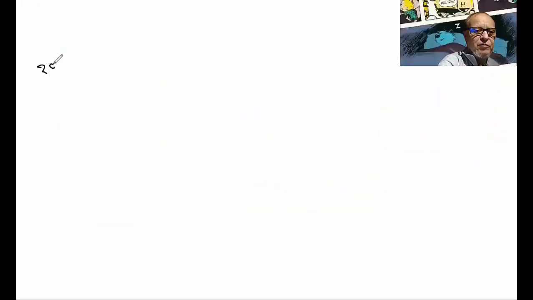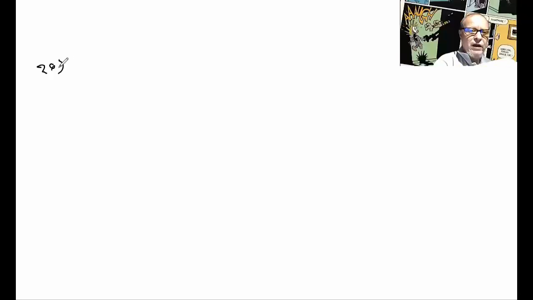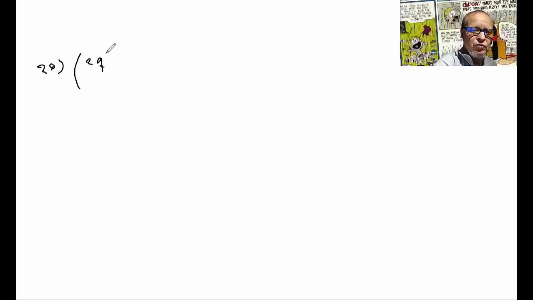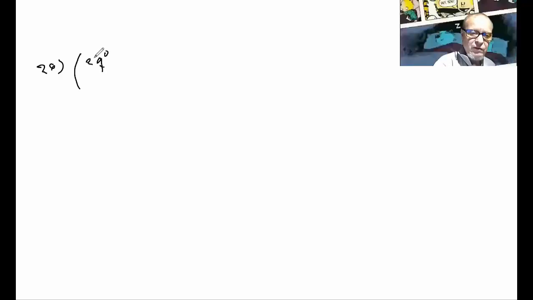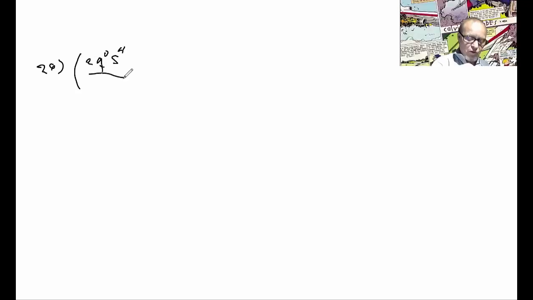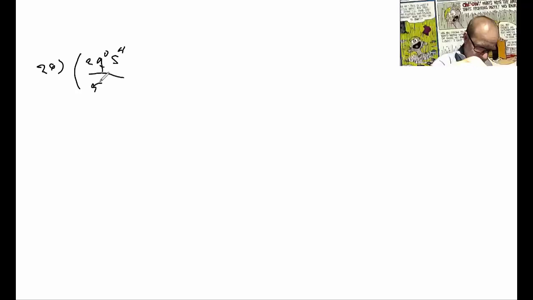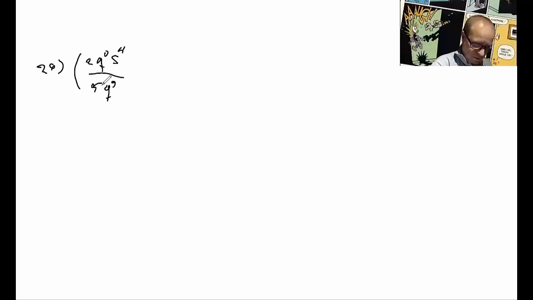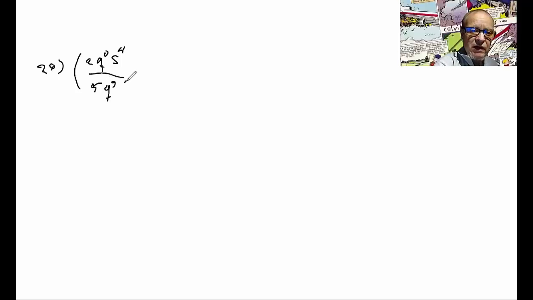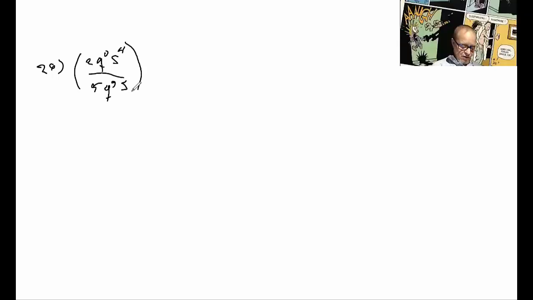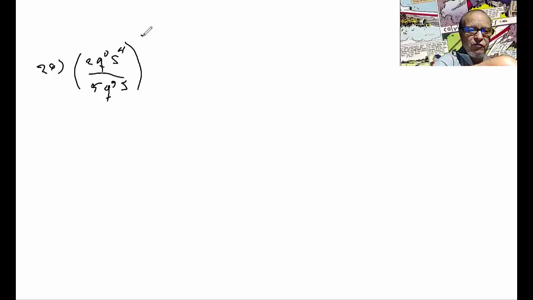In example number 26, we have 2q to the 0 power, s to the 4th power, over 5q to the 9th power, s, and this entire thing, everything that's inside there, is raised to the 4th power.